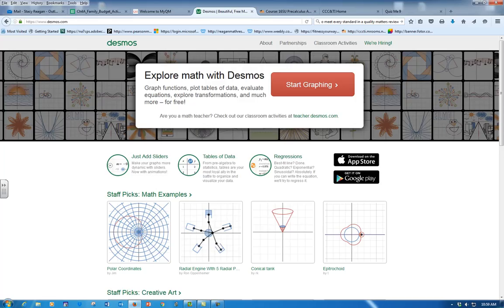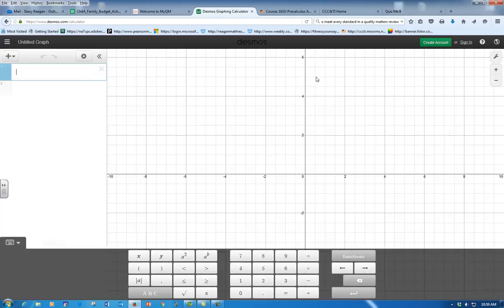So we'll look at Desmos first. We're just going to hit start graphing, and we're going to type in our function just like we see it. So let's see, number 64 says 3x to the fourth minus 4x cubed.